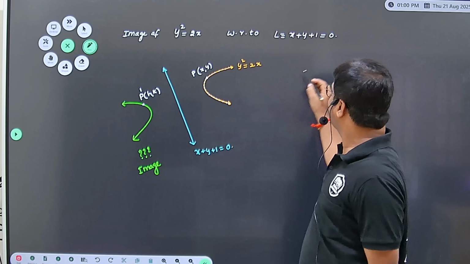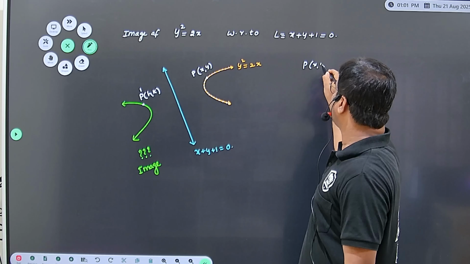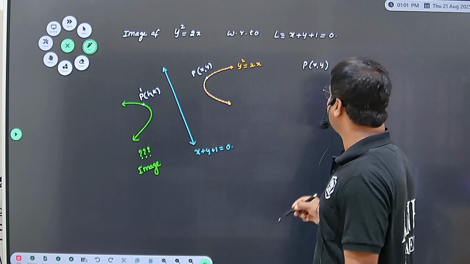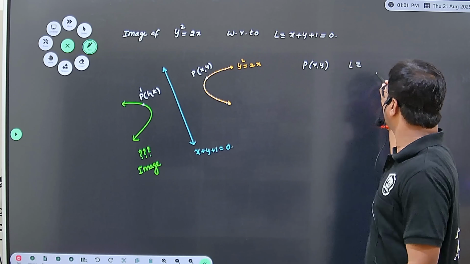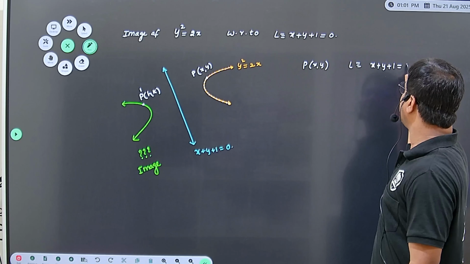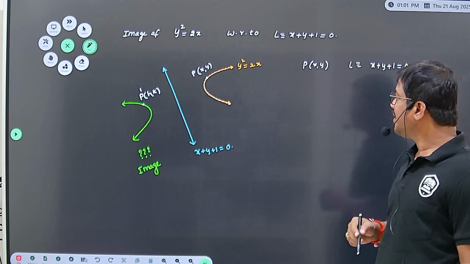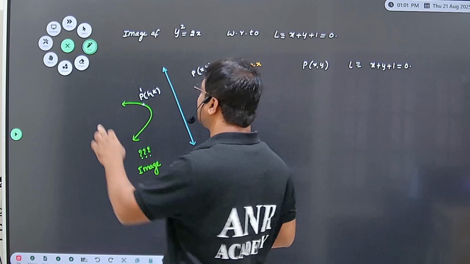See here, P(x, y) is the locus point on the given curve, and here is the straight line whose equation is given as x plus y plus 1 equal to 0. Now my aim is to find the coordinates of P dash.